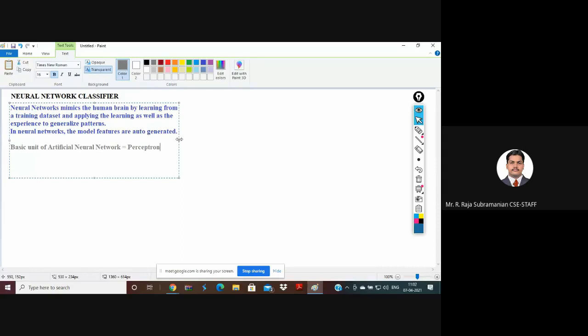We have many robots like the Sophia robot. Many other robots are available, but they are not strong AI robots. They are weak AIs. Even Alexa is available, but Alexa cannot do all the tasks. A strong AI is one which can do any task a human being can do. If I train a human being to do something, he will immediately do it, but that is not possible for a robot. Why?